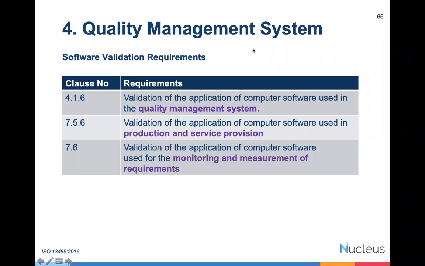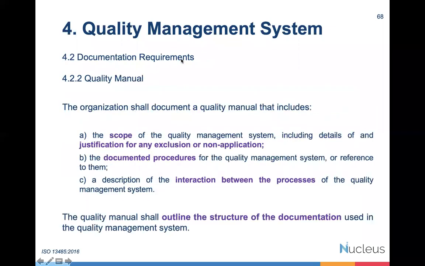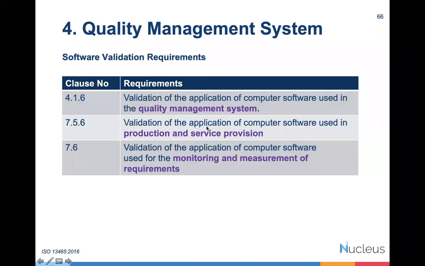For the quality management system, that's what I would like to highlight. We cannot have two different systems in an organization, only one QMS. So in your organization, even ERPs can be treated as software. Then, are you using any software for your production process, for your manufacturing process? Again, that software needs to be validated.